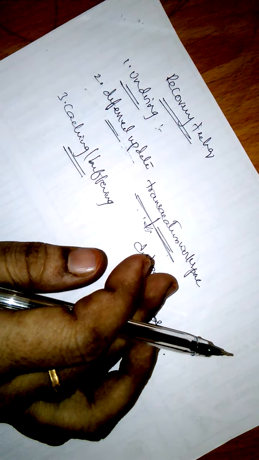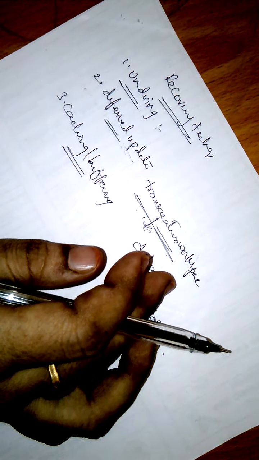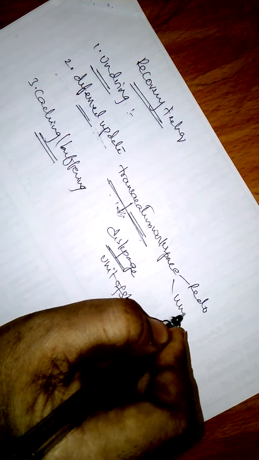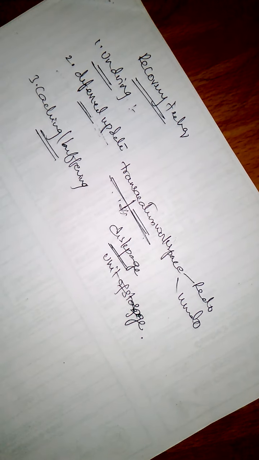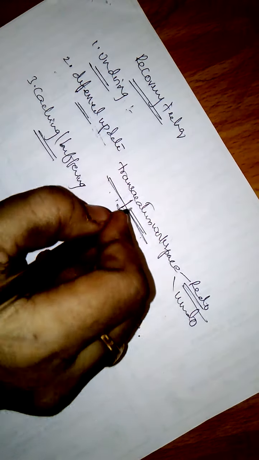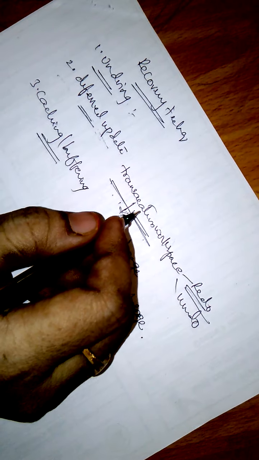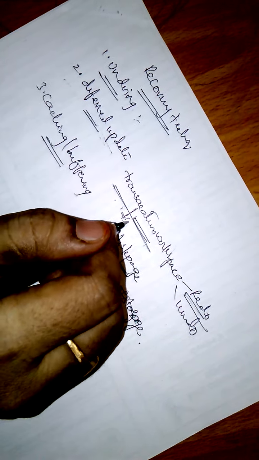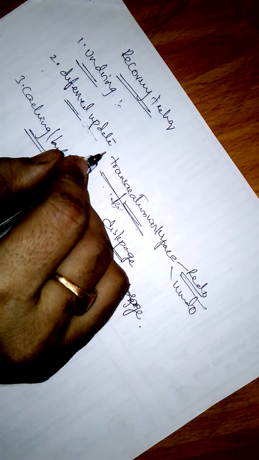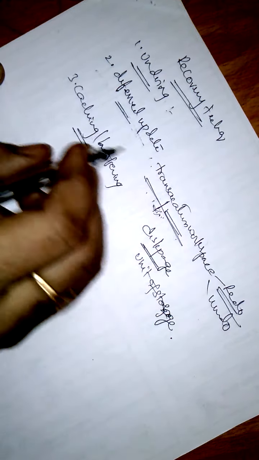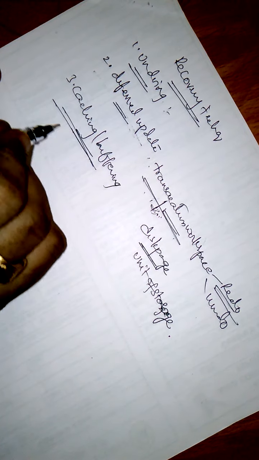Otherwise, if there is any failure or crash, it has a chance to do either redo or undo. Undo means go to the previous state of the database, and redo means you perform again the same transaction which we have in the transaction workspace. This is deferred update.